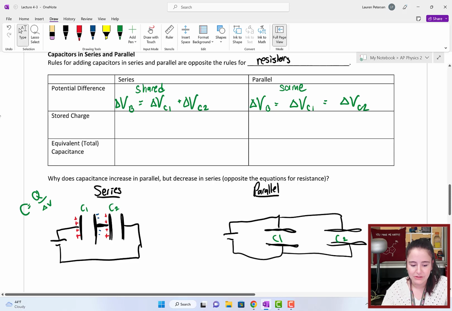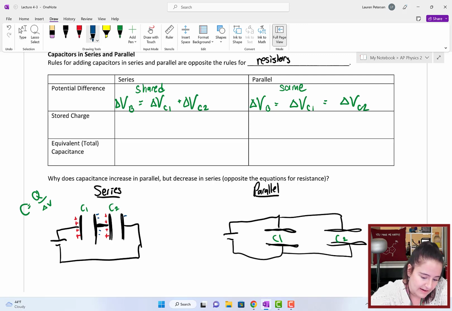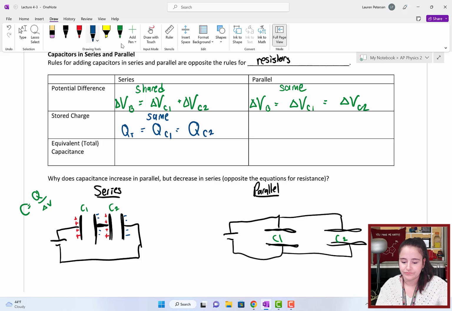There's nothing in between that would change the relationship between those charges, so they end up being the same on all of the plates. The total charge usable in the circuit will equal the charge on capacitor 1, which will equal the charge on capacitor 2.